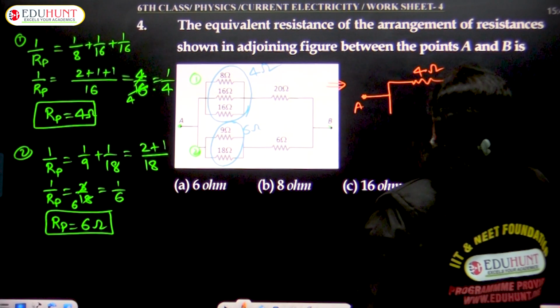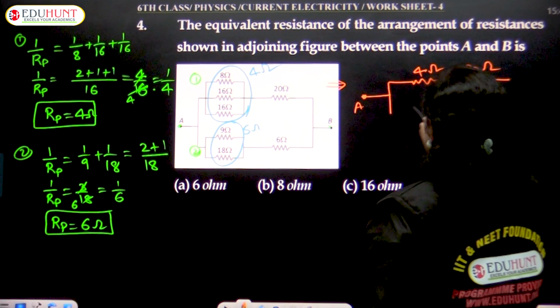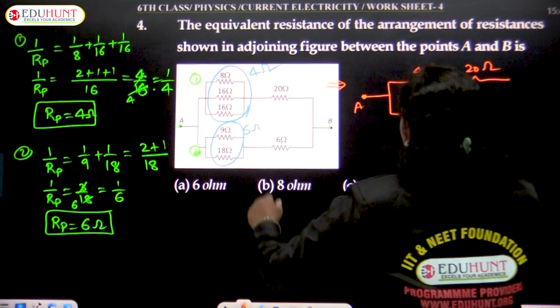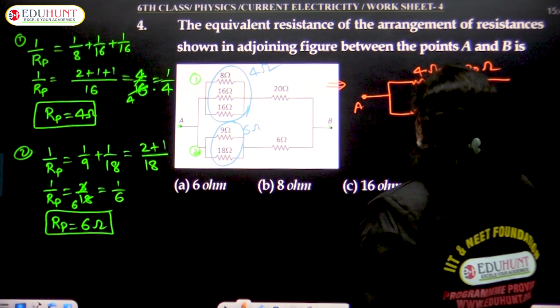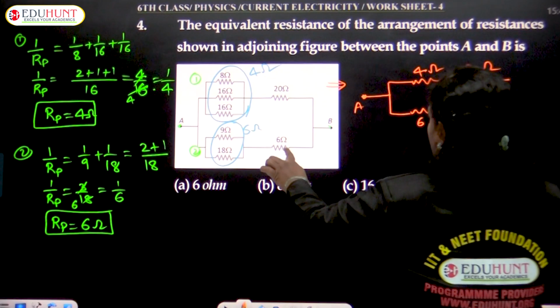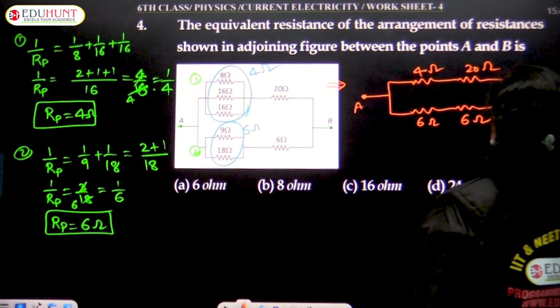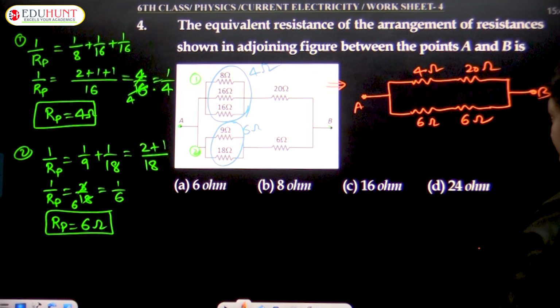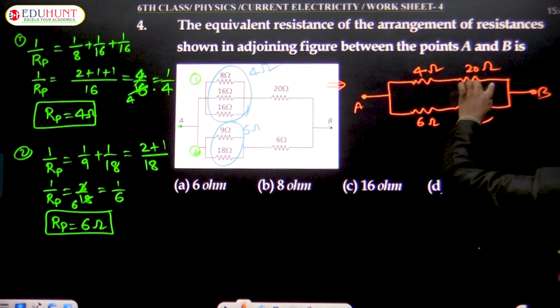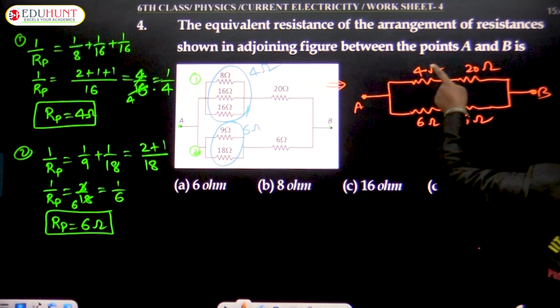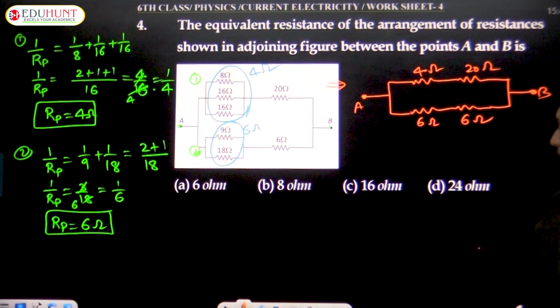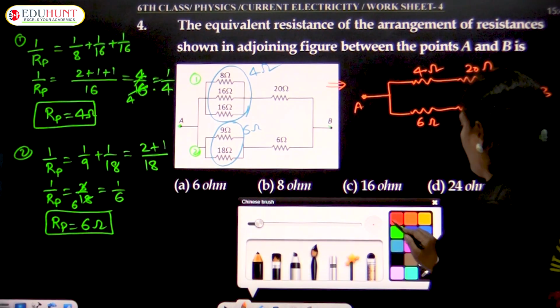Already a 20 ohm resistor is there. Bottom, after solving this, we got 6 ohms connected to a 6 ohm resistor, which is further connected to terminal B.